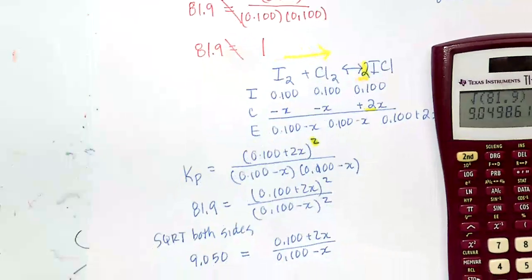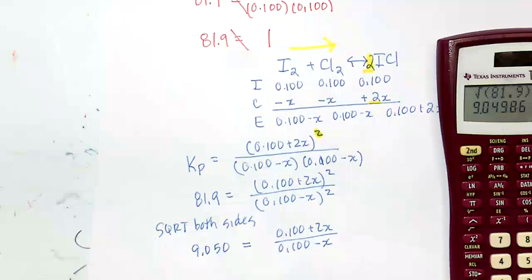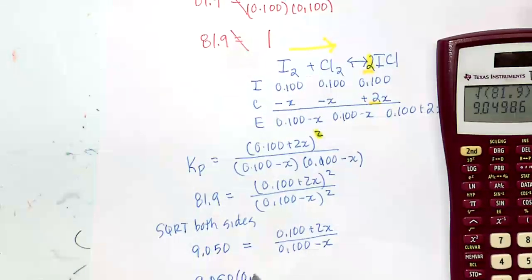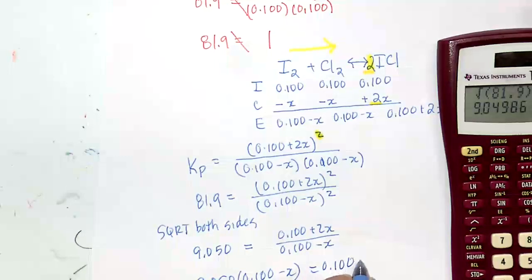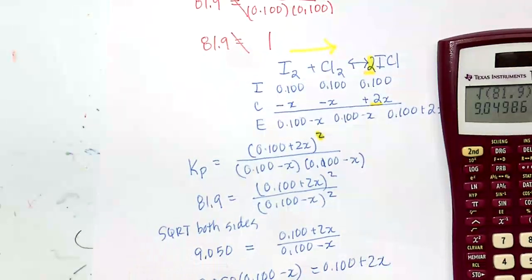So we'll solve for x here: 9.050 times 0.100 minus x equals 0.100 plus 2x.